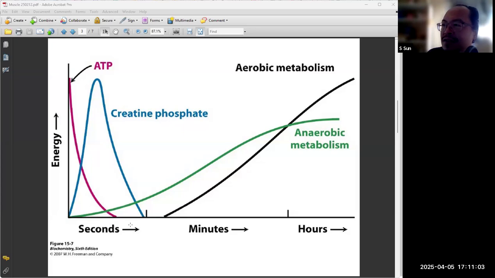But very quickly, you can see that it's up to seconds to minutes, you will use all the creatine phosphate. And it won't take much time. Probably just a couple minutes, you will start to breathe faster and stronger during the exercise. And then your oxygen will be provided into your muscle.